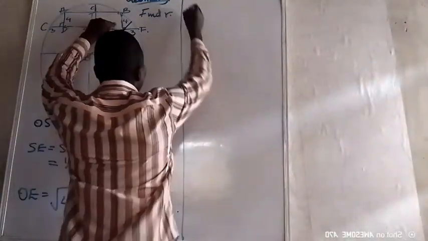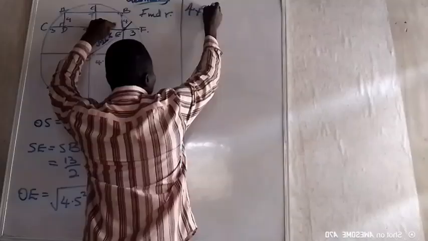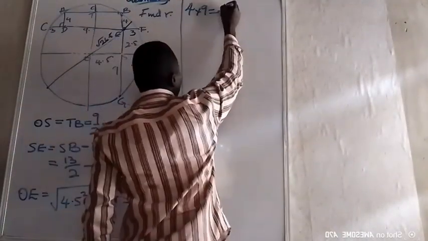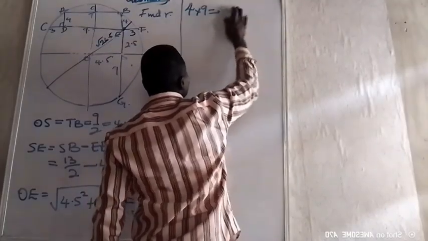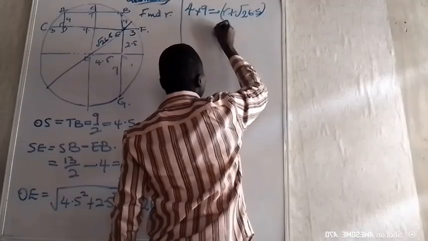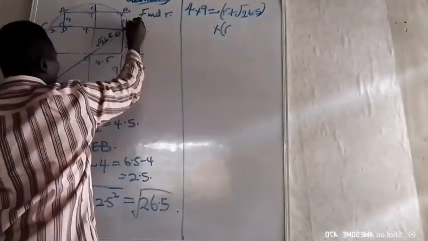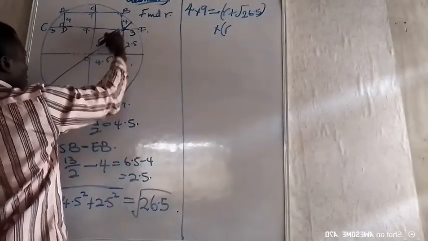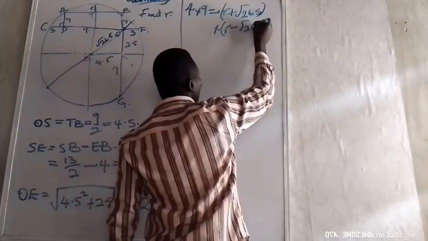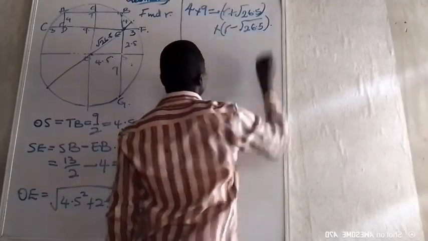We can see that 4 times 9 from here to here is r plus root of 26.5, multiplied by r minus root of 26.5, from this place to this place. Get it?